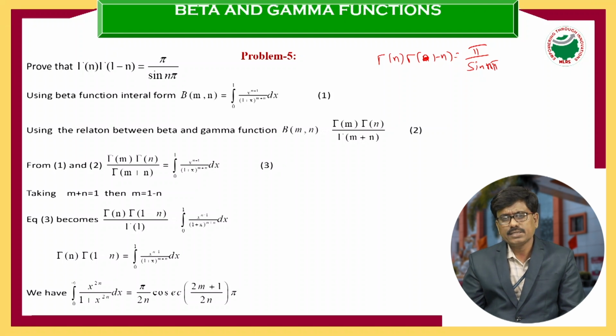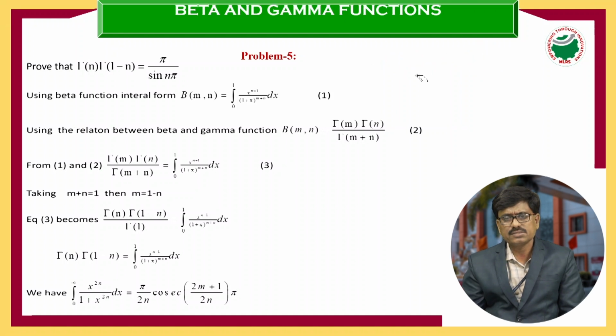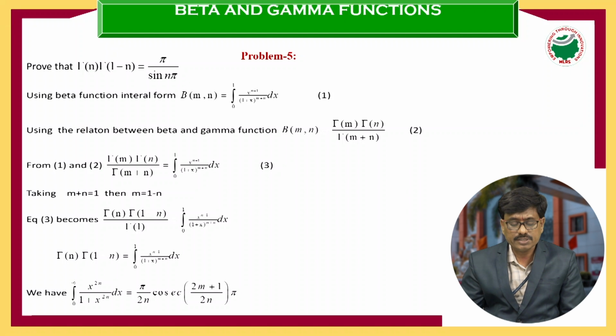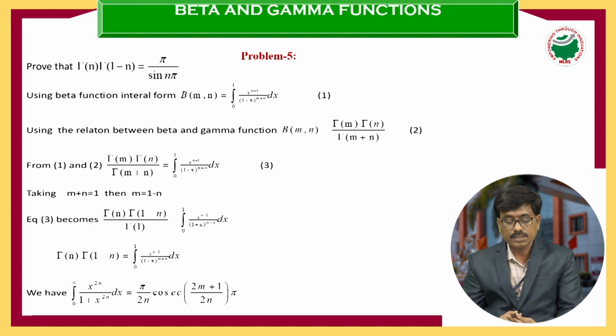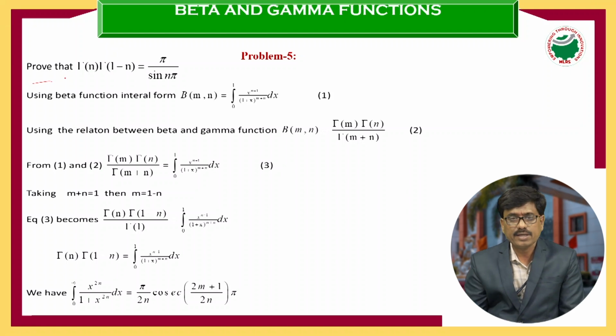Wherever we are converting the beta function into the gamma, it is not such a simple manner. Even though sometimes we can't evaluate such values, we need to convert using the duplication formula. Prove that gamma of n into gamma of 1 minus n is pi by sine n pi.